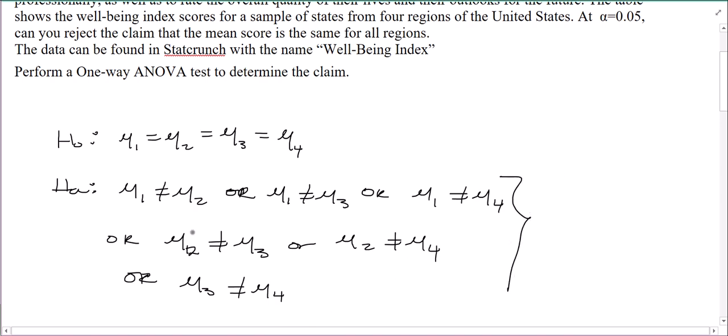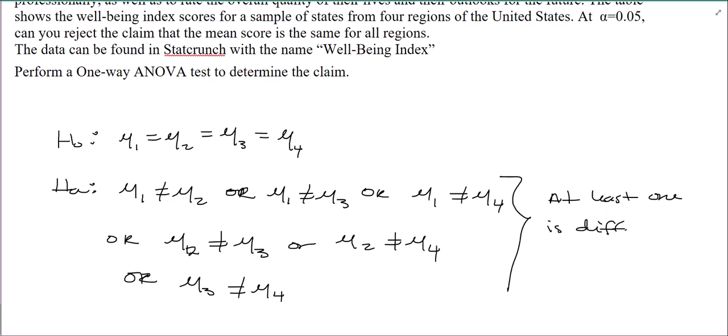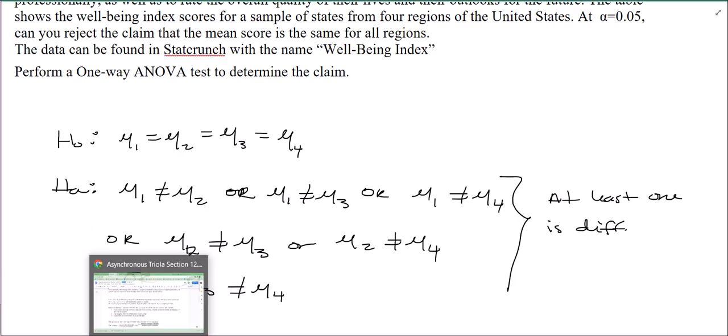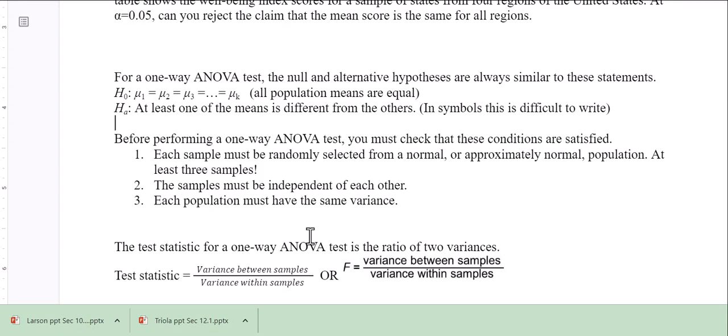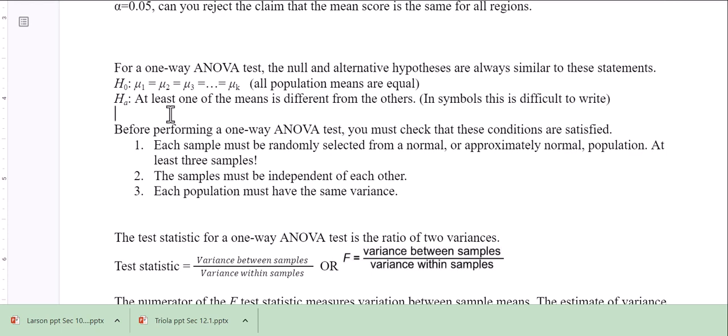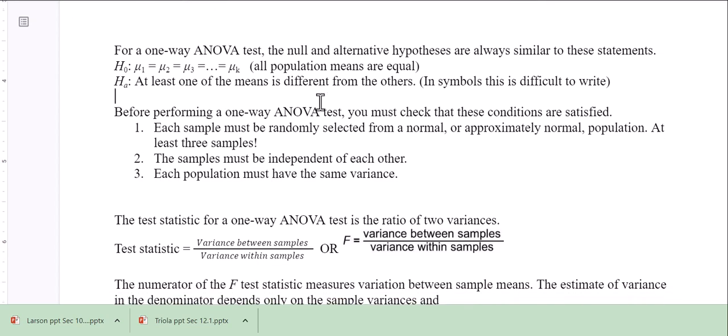Imagine if you had 6 averages; this would get even longer. So we just say at least one is different from the others. That's what I had in the notes: at least one of the means is different from the others. When you have more than 3, it's easier for the alternative to just leave it in words.